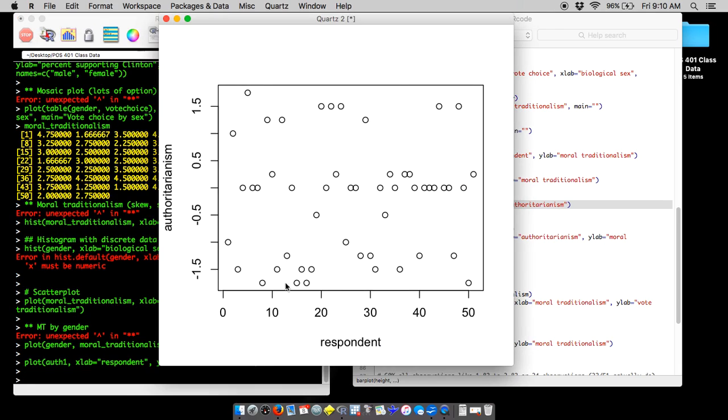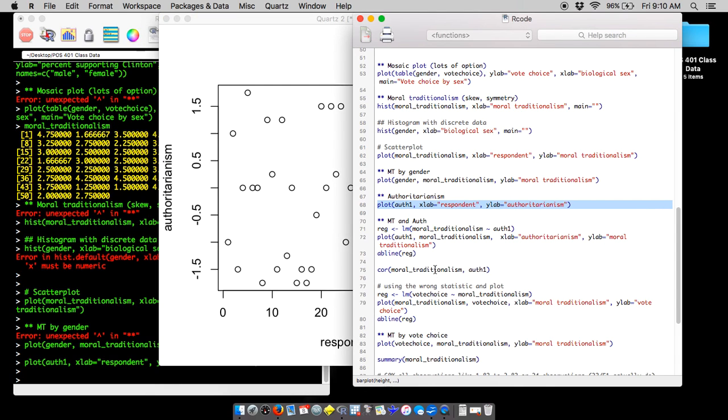We can plot authoritarianism on a scatter plot. Here again, we have each respondent, and 1.5 is someone that's high in authoritarianism. These people believe in and value authority. Negative 1.5 is somebody who does not. So we get sort of a cloud, right? There's not much we can tell from here. Probably better to do a histogram, right?